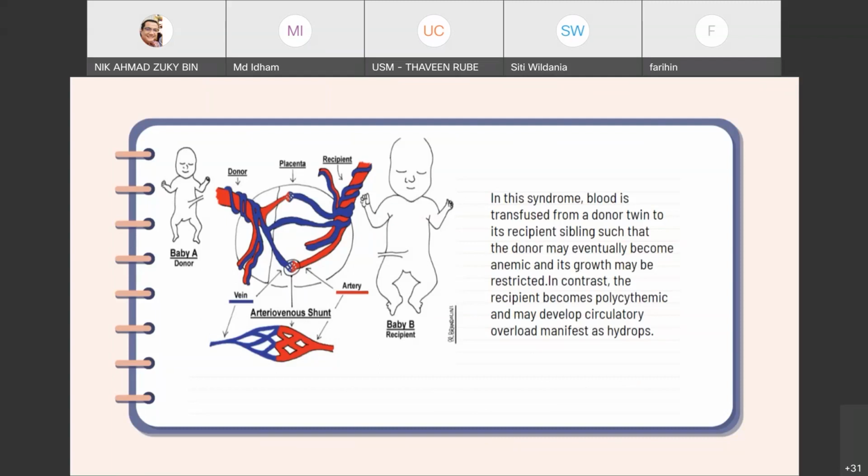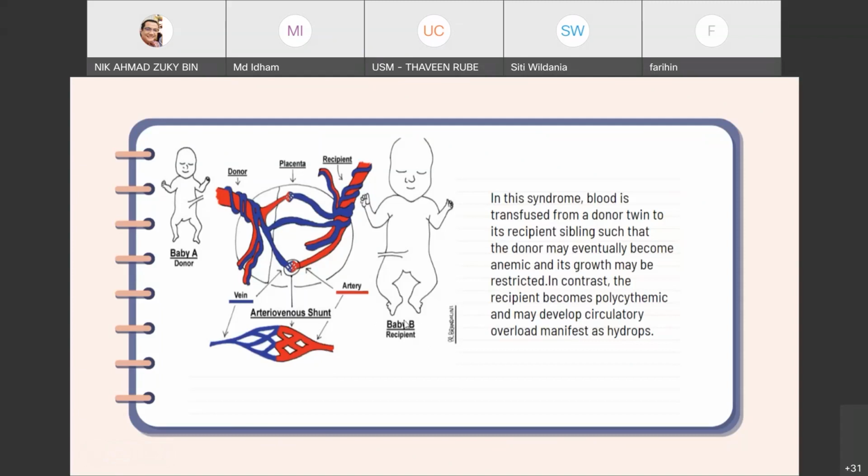So why will TTTS harm the baby? In TTTS, the donor twin has low blood volume, so baby A has low blood volume while the recipient has high blood volume. Later on, because of renal hypoperfusion from the low blood volume, the donor fetus will produce less urine and less amniotic fluid.